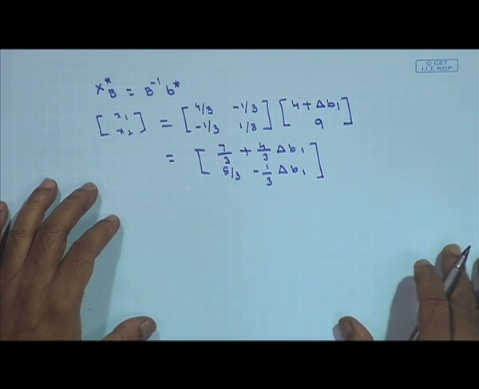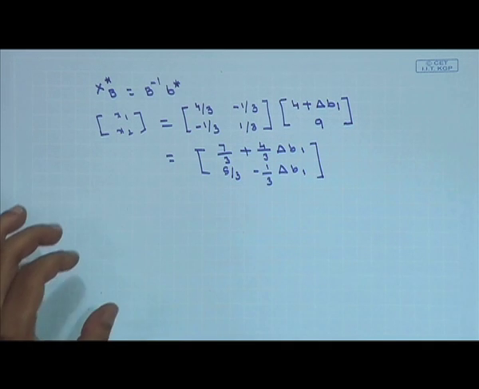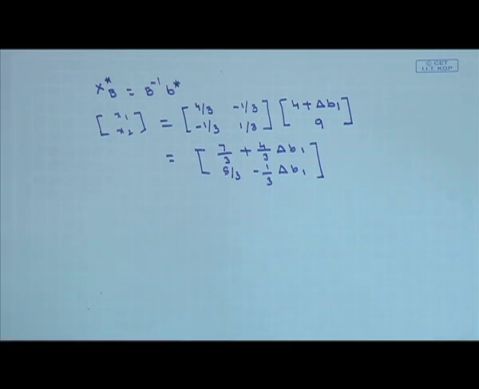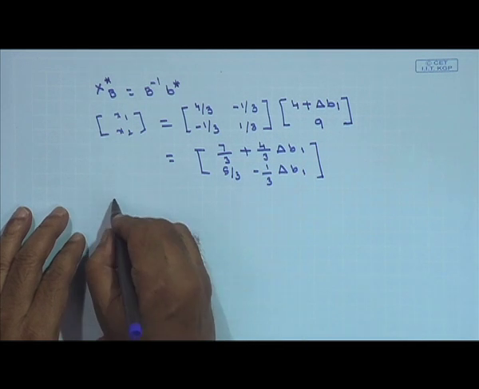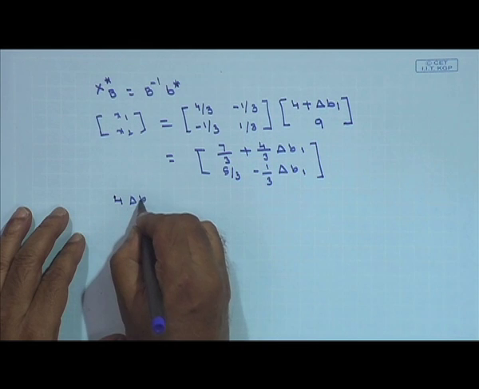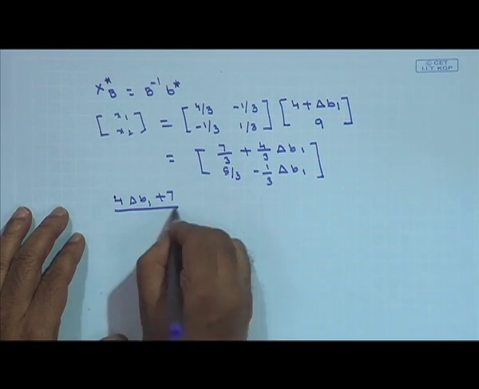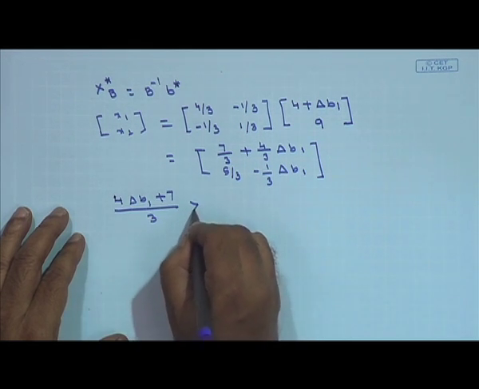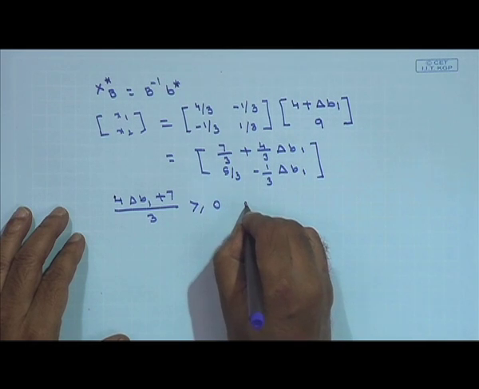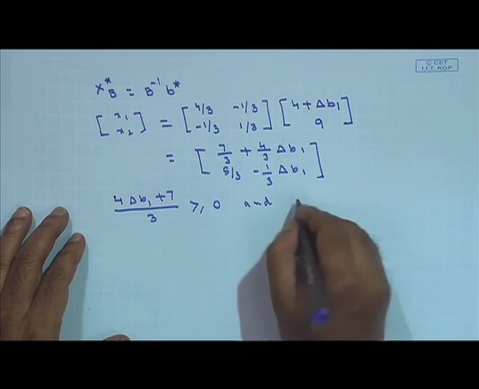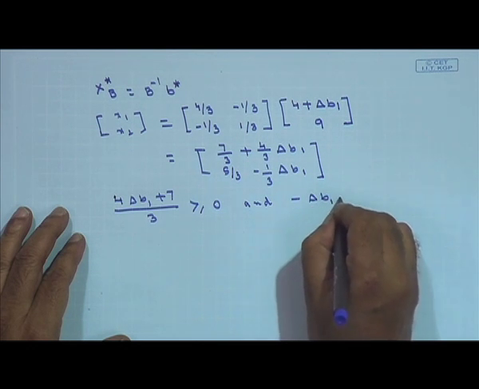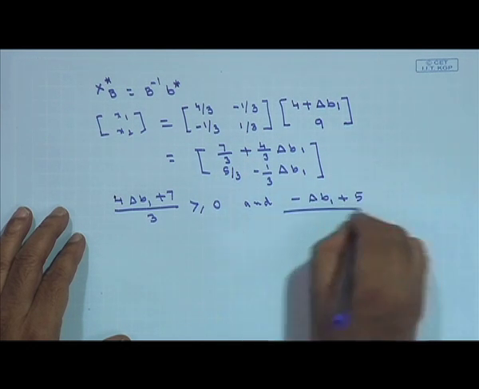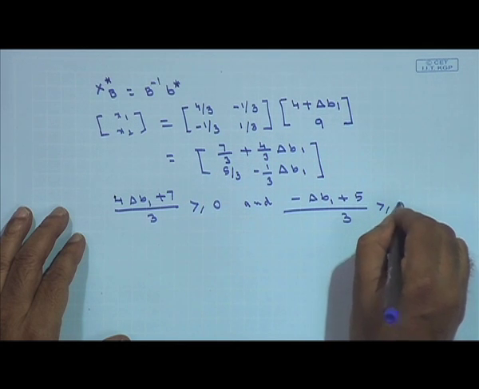Now, this x1, x2 value should be greater than or equal to 0. That means, individually these two should be greater than or equal to 0. So, 4 delta B1 plus 7 divided by 3 should be greater than or equal to 0, and minus delta B1 plus 5 by 3 should be greater than or equal to 0.